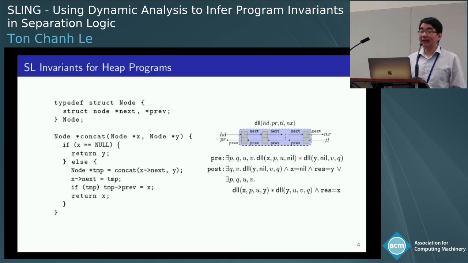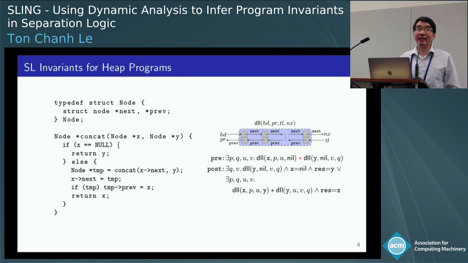Let me give an example of what a separation logic invariant for a heap program is. On the left-hand side is a recursive concat method to concatenate two doubly linked lists X and Y. On the right-hand side is the specification with pre and post conditions for this method.